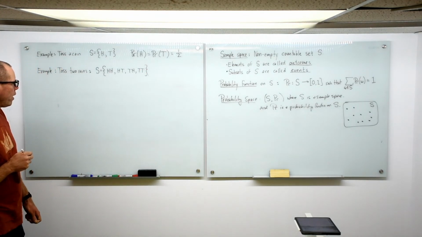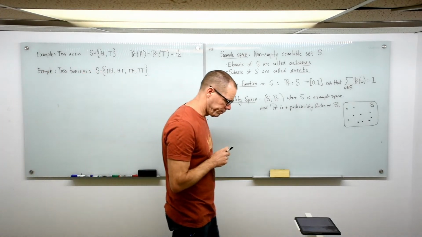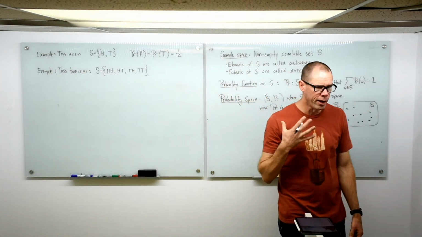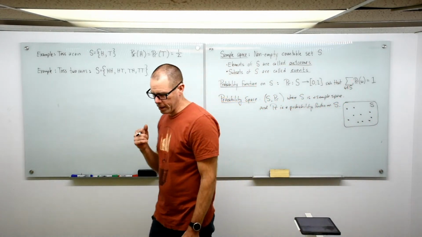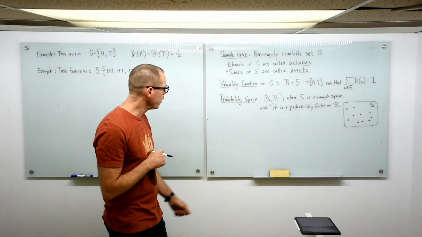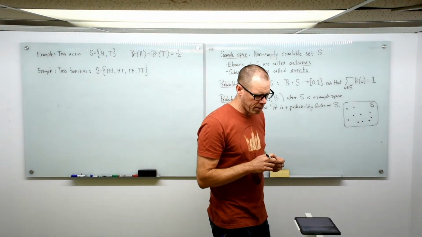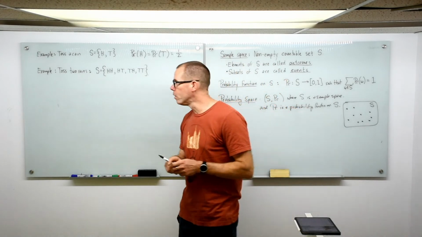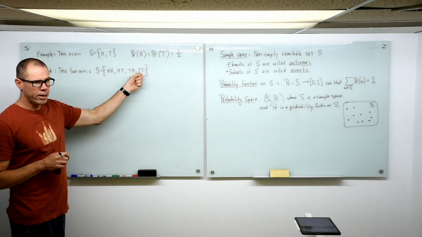And again, it seems reasonable. We're just modeling some real world thing as a mathematical object, a probability space. So we get to pick the model, but what seems to agree with what happens in the real world is that each of these 4 outcomes is equally likely.